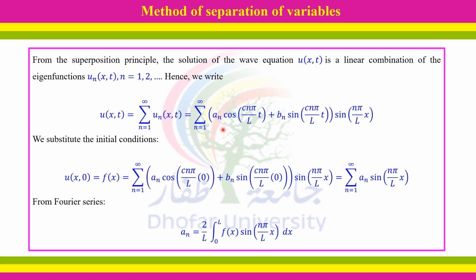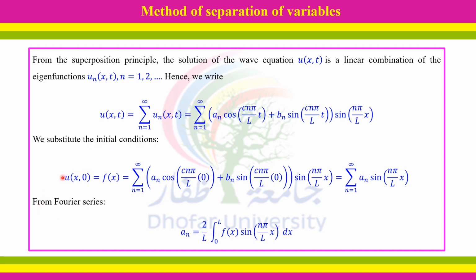What is remaining is to determine the constants A_n and B_n in this form of the function of x and t. So now we are going to use the initial conditions to find these constants, A_n and B_n.